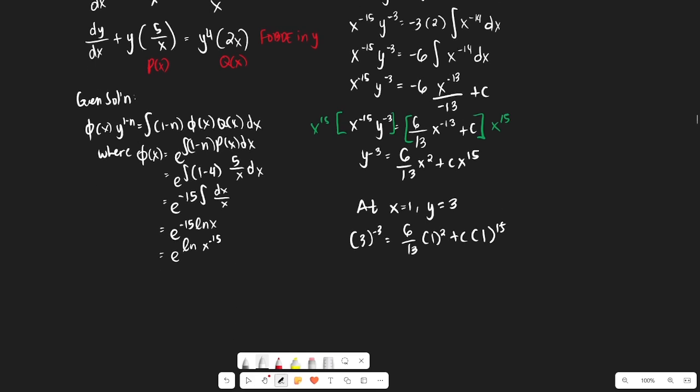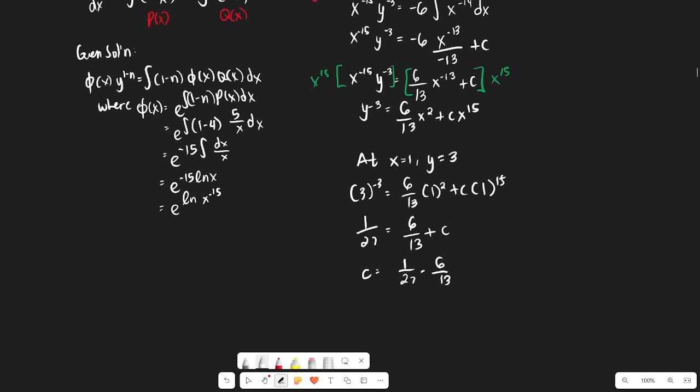Now from here, 3 raised to negative 3 is actually 1 over 27, which is equal to 6 over 13, since 1 squared is just 1, and 1 raised to 15 is just 1, plus c. C times 1 is just c. So let's try to solve for c. We're gonna get 1 over 27 minus 6 over 13. So I subtracted 6 over 13 from both sides.